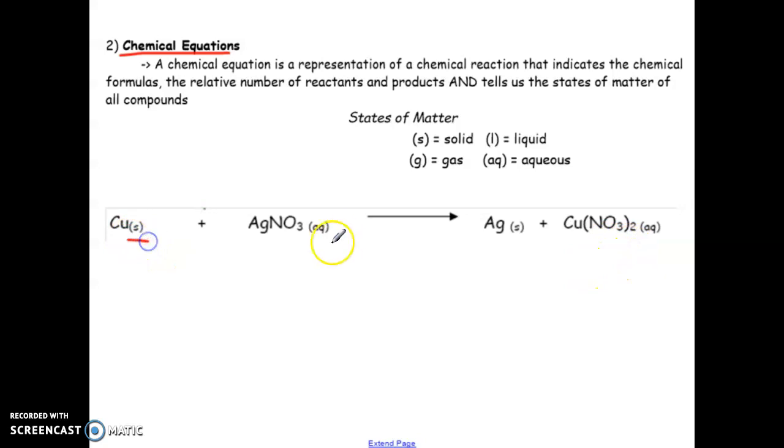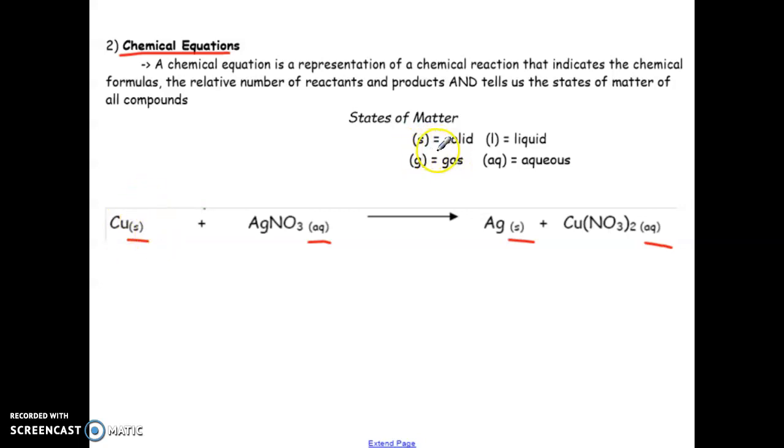But notice there are little subscripts that will tell us the state of matter that this compound is in. So you'll see them quite often, and we want to start practicing to do this. You'll learn a little bit more as we go through this unit, but by the end of this unit, every reaction you are writing for me will have these subscripts.